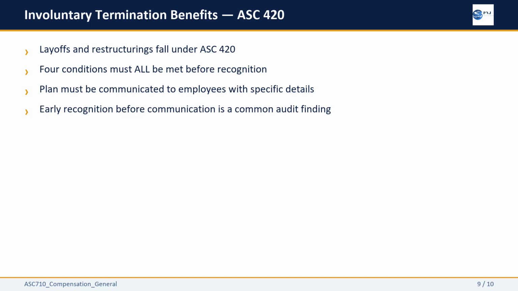The plan is unlikely to change significantly, and the plan has been communicated to employees with enough detail for them to know what benefits they will receive. Board approval alone is not enough. An internal memo is not enough. Until the plan reaches the employees, the liability stays off the balance sheet. Premature restructuring accruals are one of the most common findings on compensation audits.